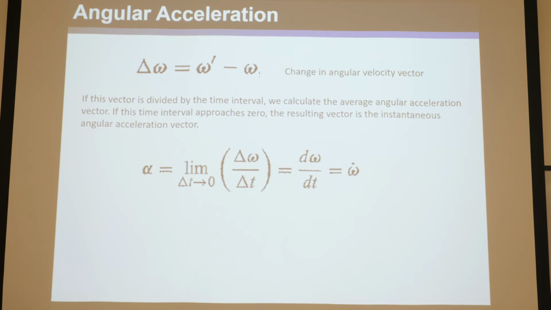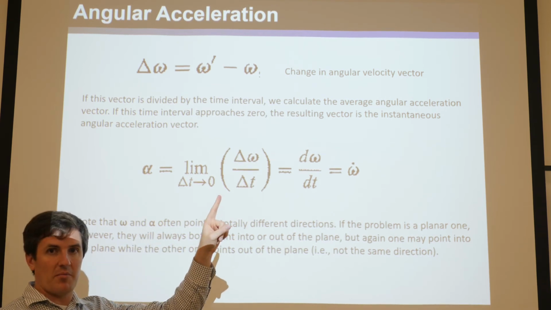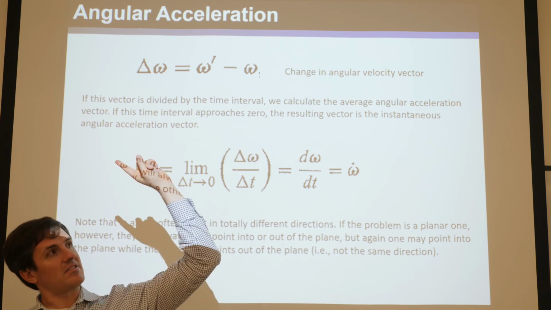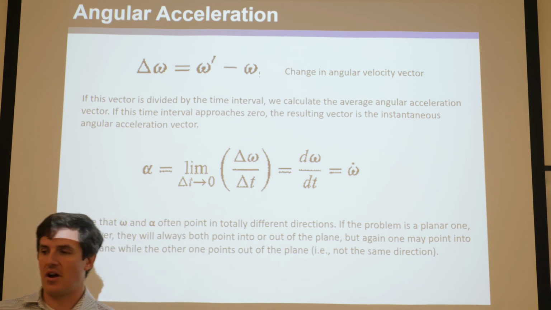Okay, so alpha is a vector, and it's the derivative with respect to time of the angular velocity, omega dot. Okay. And does that point in the direction of omega? Well, again, very rarely. You could imagine, here's one omega, and then a few seconds later, there's that omega. It's rotating around that. You take the difference between those, it's going to point in a totally different direction.